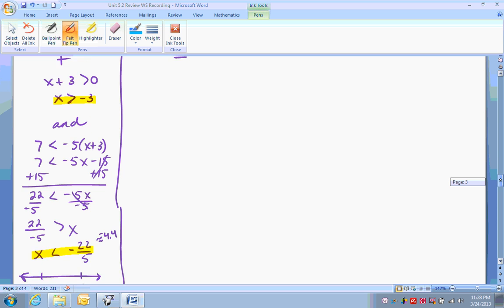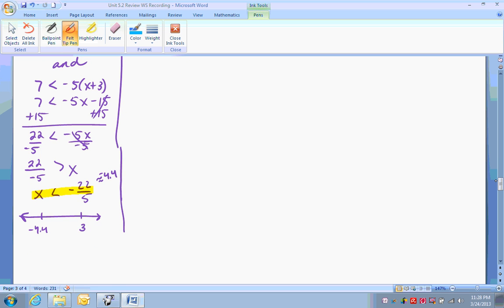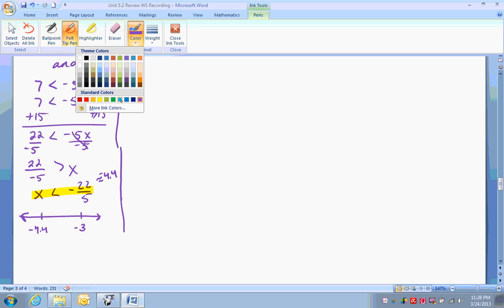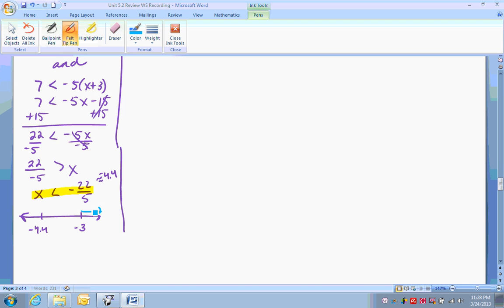The first thing is that x must be greater than negative 3. So if x must be greater than negative 3, I'm going to shade in that direction. But x must be less than negative 4.4. So I shade in that direction, which means there is no solution on this side. Okay, now let's look at the negative side.